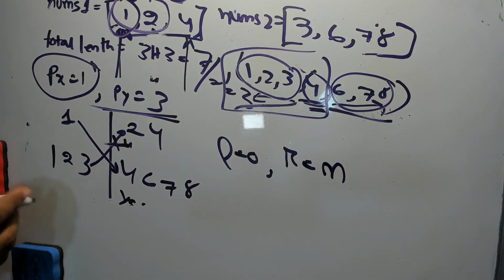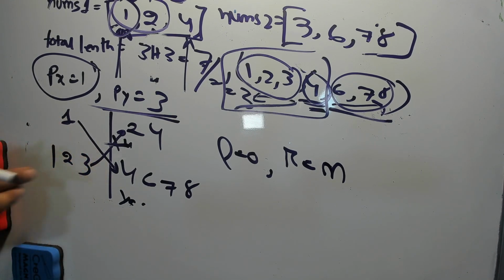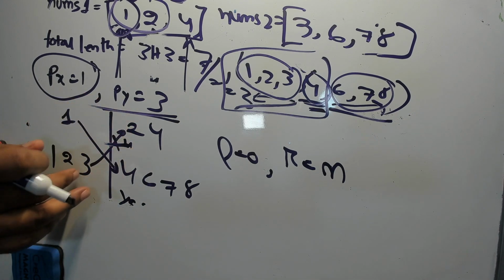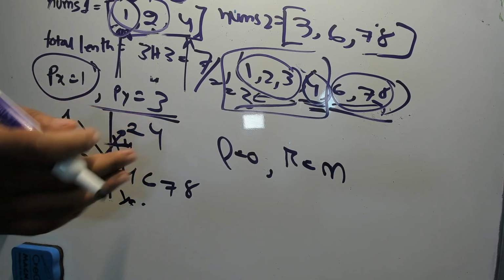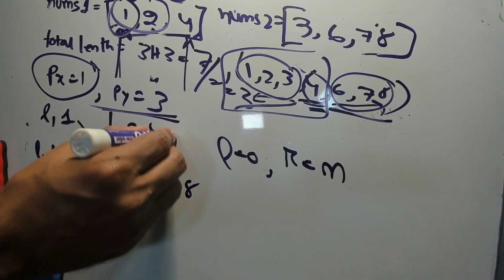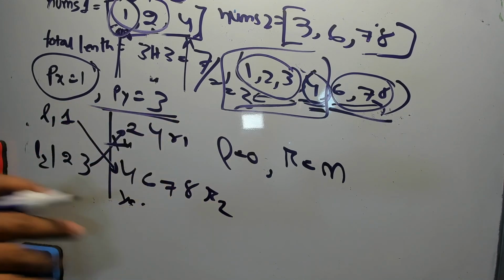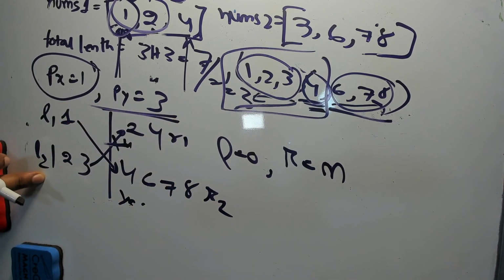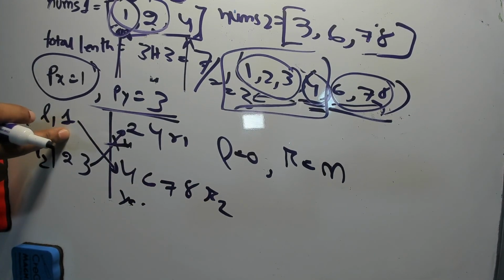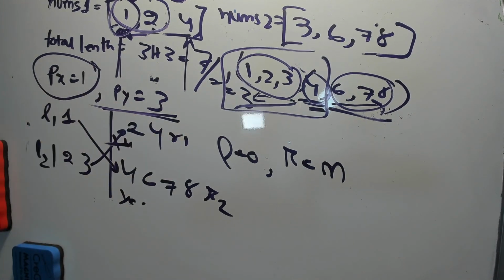M. So now because our L1 is perfect, but for this one, our L2 or R2, make it like L1, L2, R1, and R2. Okay, the left side of the nums1 array, the right side of the nums1 array, the left side of the nums2 array, and the right side of the nums2 array.